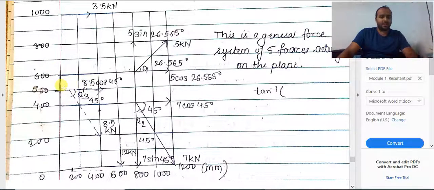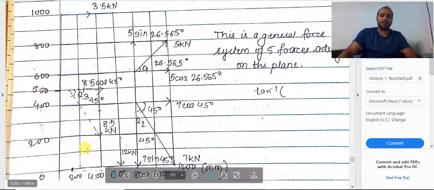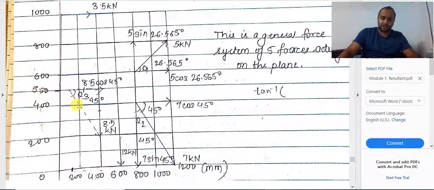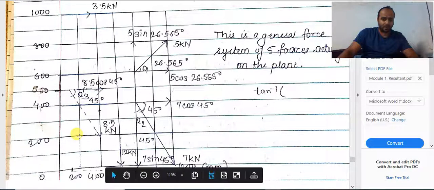It's quite easy. Wherever I will be resolving the force, on that point only I will be taking both the components. It is not like cos component will be taken here and sine component will be taken here, because that totally changes the meaning. That is why, just try to understand very carefully. I have considered 8.5 cos 45 over here, 8.5 sine 45 over here.